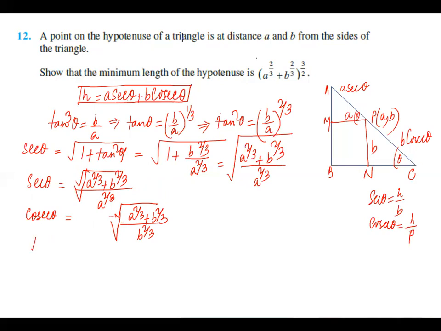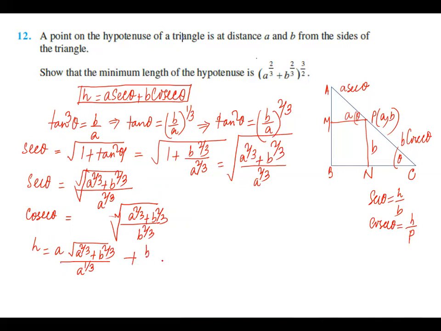Now coming to h. H is equal to a into sec theta is equal to under root a to the power 2 by 3 plus b to the power 2 by 3. And here I'll take the square root. It will be 1 by 3 plus b cosec theta.